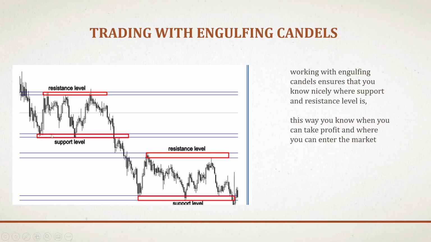Now, please always trade with the trend. That's very important too. Why? Because if you traded against the trend and you took the second, where my cursor is now, and took an entry as a long position, and you did not leave the market at the resistance point, that meant that you would have been stuck in this trade completely, because the market broke through your support level and then the market changed direction downwards.